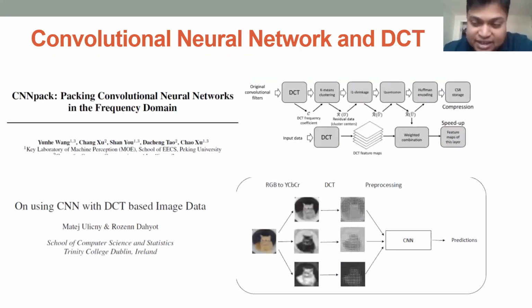This is where I'm not the expert, and I do not know how these convolutional neural networks work. But what we saw in most cases is that it seems like this DCT, the cosine transform, is done somewhat at the input of it or somewhere along the process.